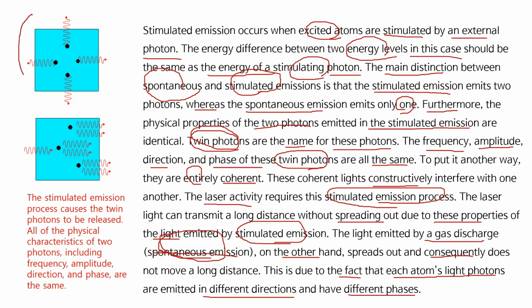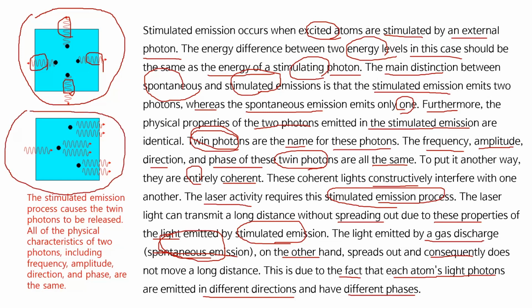So this figure shows the photons emitted by spontaneous emission. The photons have all different directions and their phases are different. This figure shows the photons emitted by stimulated emission.